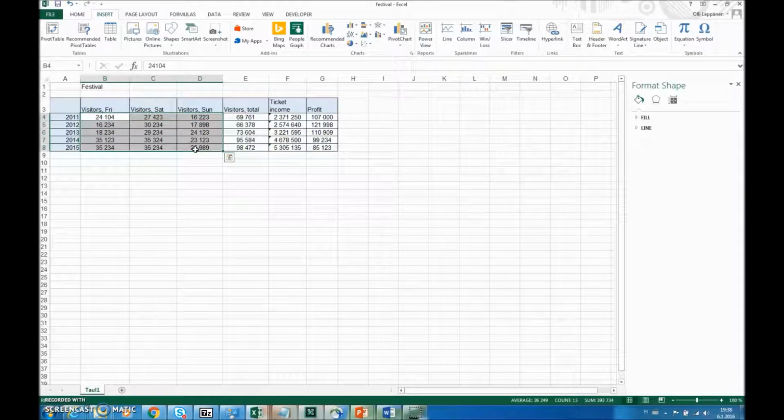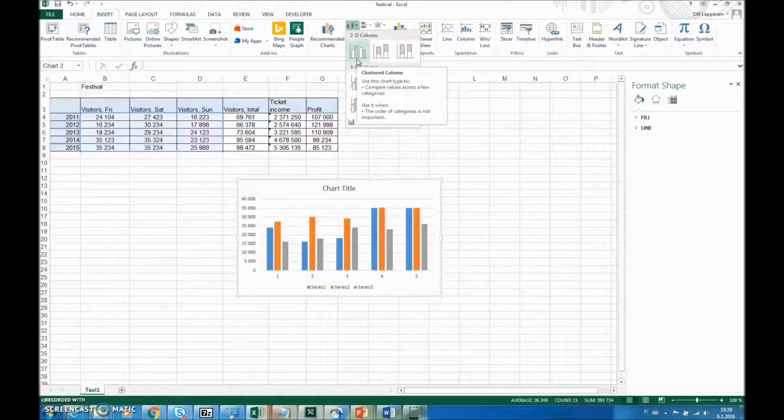Now we want to show how the visitors are divided on a daily basis for each of the years, and how the visitor numbers differ between the years. There are a couple of options for that. One good option would be a clustered column chart. Looks like this.